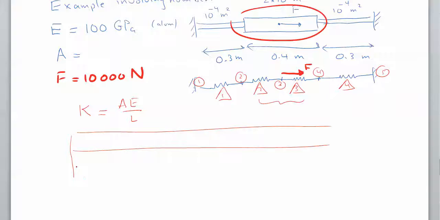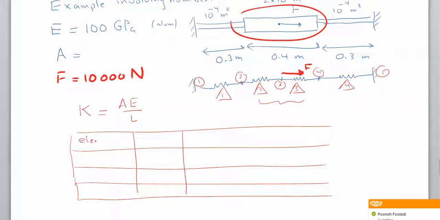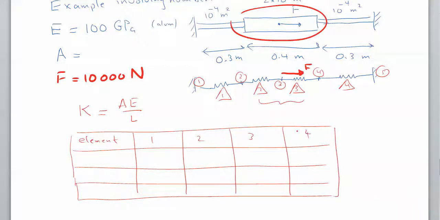It has 4 rows. All right. So these are elements. Element 1, element 2, element 3, and element 4. Element 1, the area of element 1, the length of element 1, and the stiffness of element 1, which is AE over L.